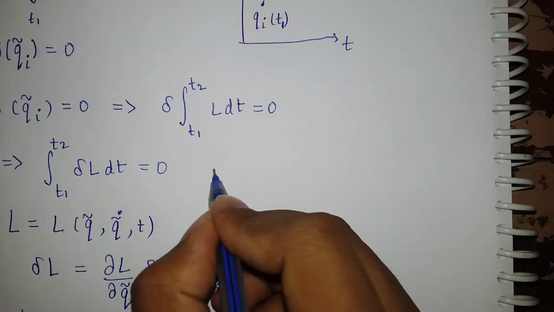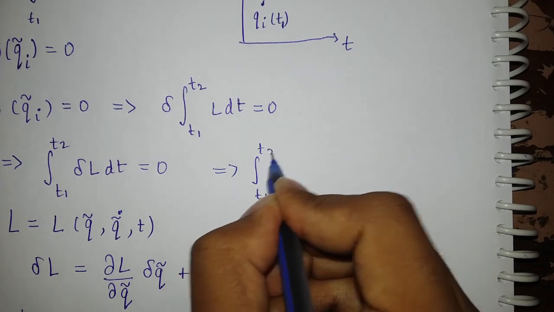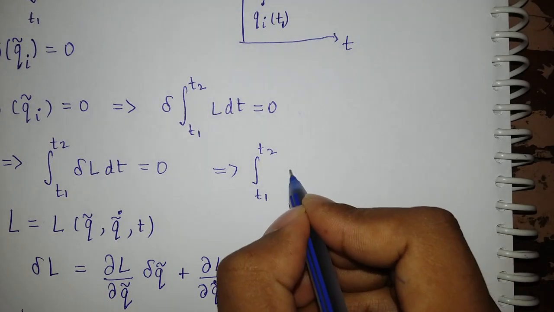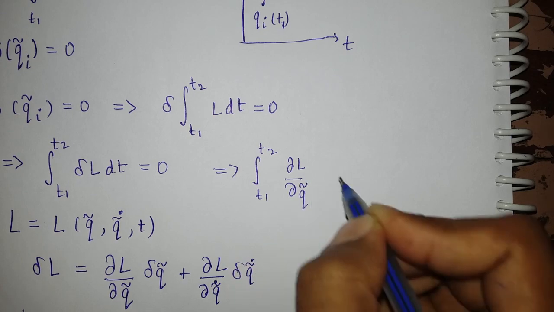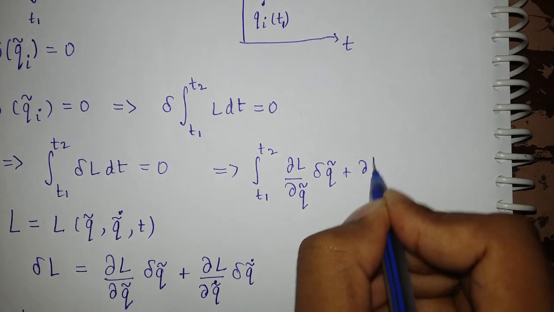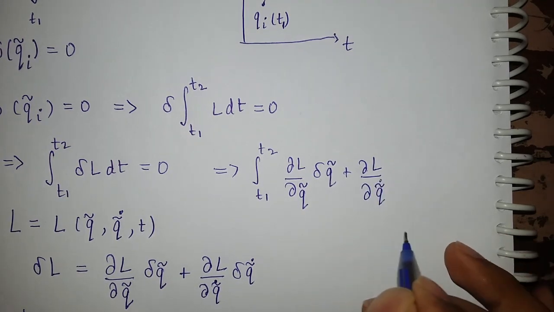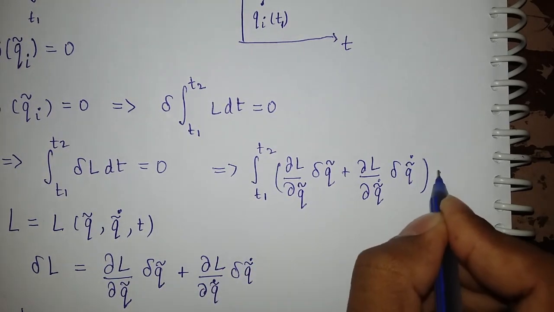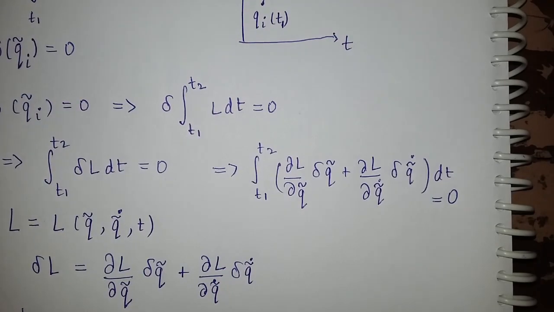So this implies the integration from t1 to t2 of dou L upon dou q tilde delta q tilde plus dou L upon dou q tilde dot delta q tilde dot, dt. This must vanish.